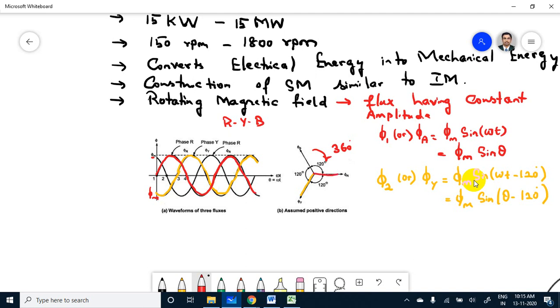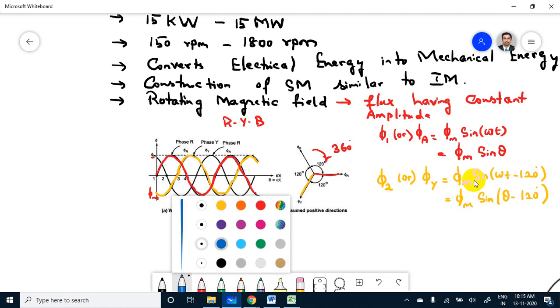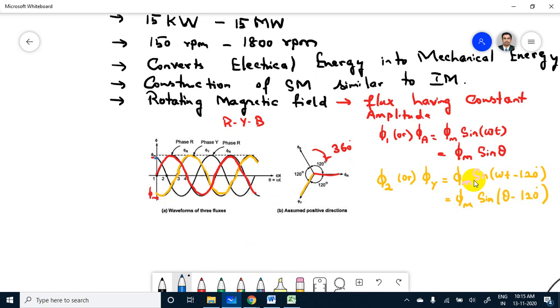And the third one is the B phase, in blue color. The phase difference between Y to B is 120, and B to R is also 120.